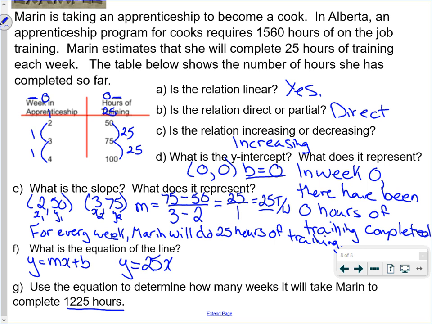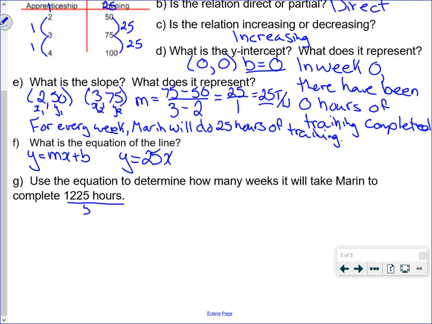If we look at our table of values, the training hours is actually in the y column. So our 1225 that we've got down here is going to be a y value. So in our equation, we've got y equals 25x. We determined that the 1225 should go in the y position.